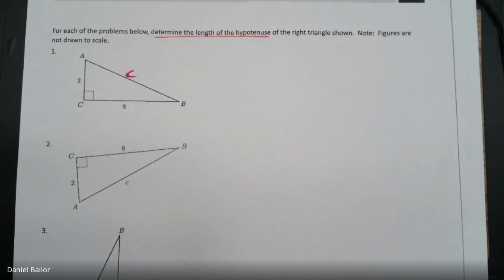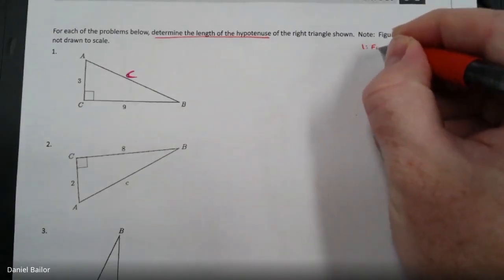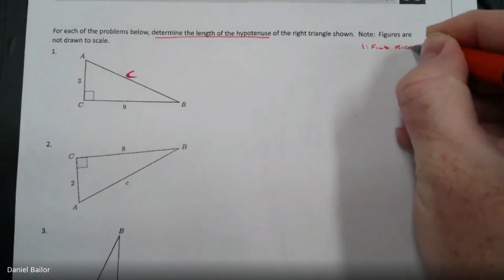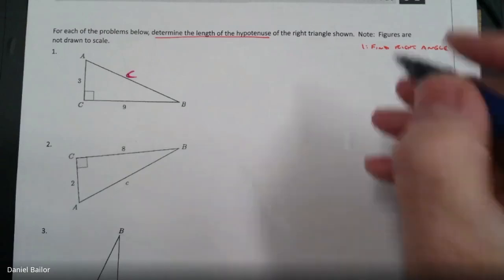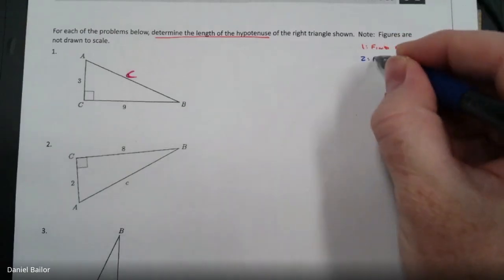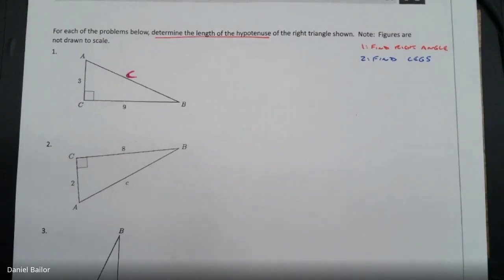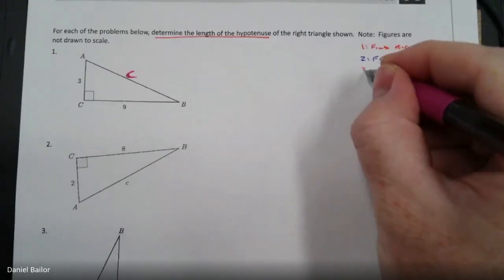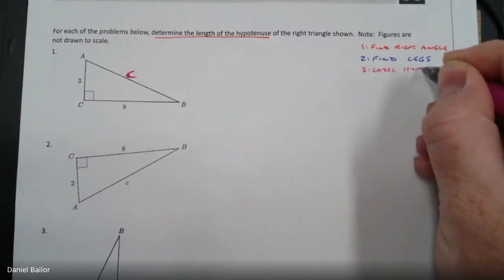So as a reminder, let's do the steps. Step 1, find the right angle. Step 2, find the legs. Step 3, label the hypotenuse.